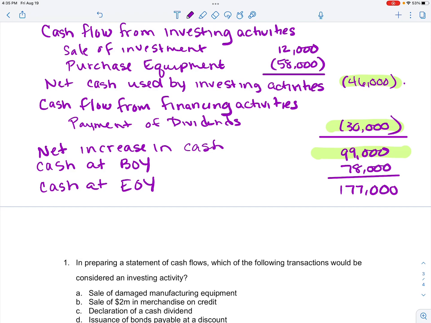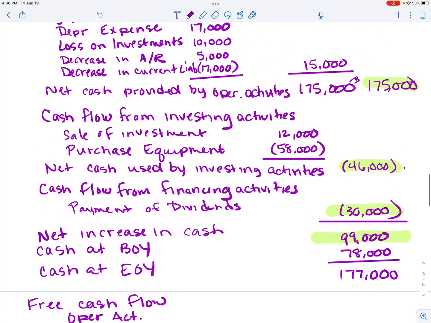One last thing I want to go through with you before we hit a couple of multiple choice questions is that free cash flow. This is that quick equation. You're starting with your operating activities, that cash flow from your operating activities, which here was 175, I think.